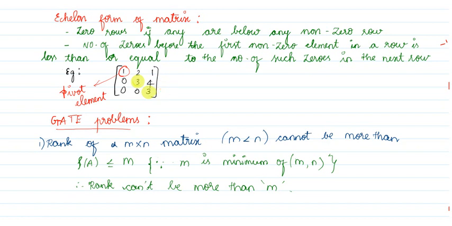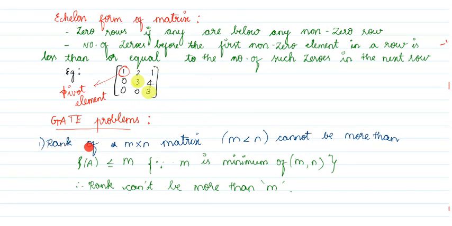Row echelon form needs row transformations, like we'll be seeing in the upcoming problems. And remember that the first row, first column element is always denoted as the pivot element. We'll see in the problems how we can achieve echelon form.